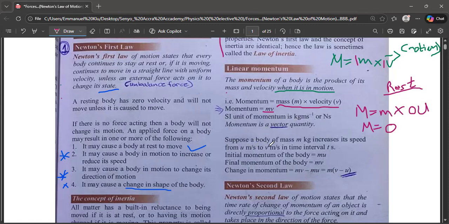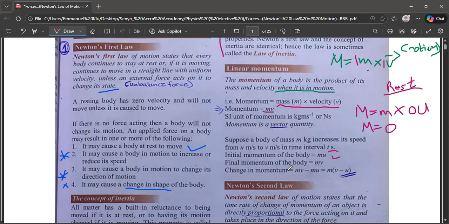But suppose a body of mass m kg increases its speed from initial velocity u to final velocity v in a time interval t. Its initial momentum can be written as mu, that is mass times the initial velocity, and the final momentum as mv.